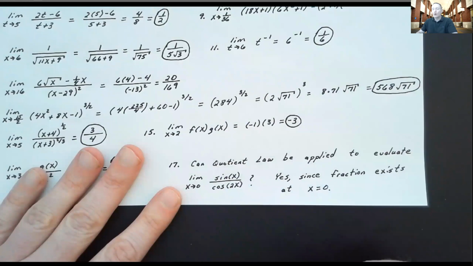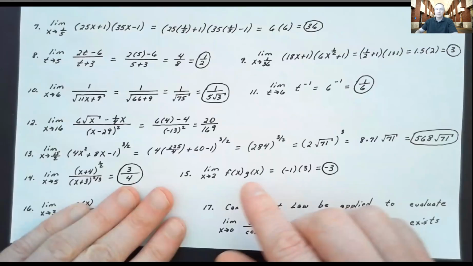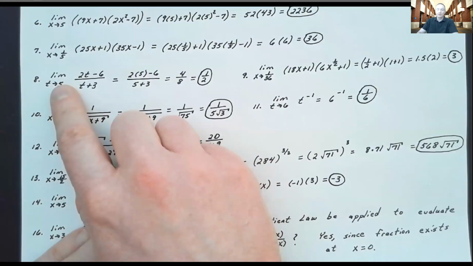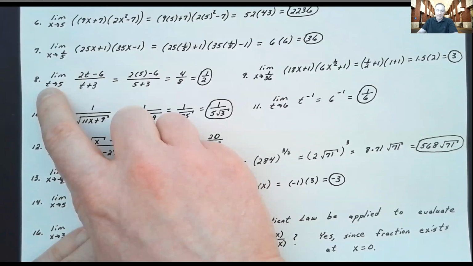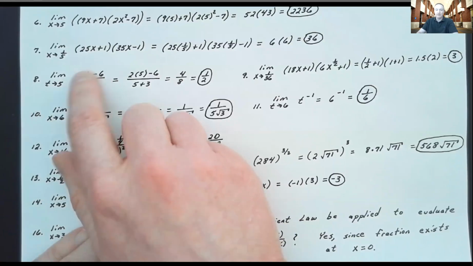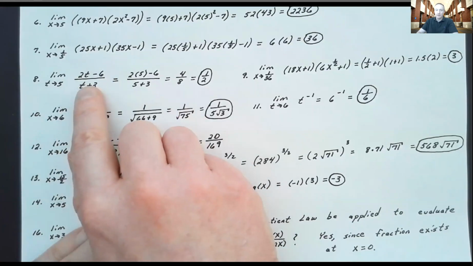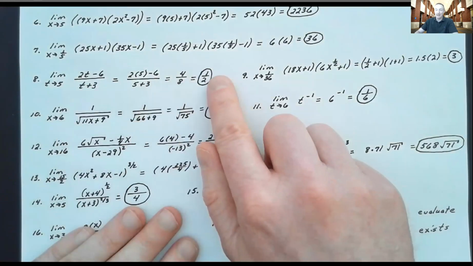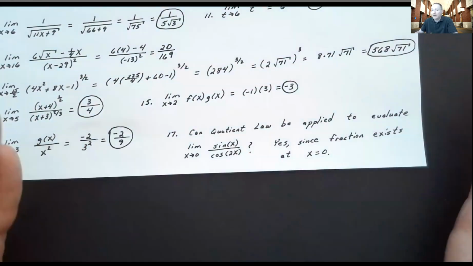Okay, so whenever you're saying the quotient law, well, what's the quotient law? The quotient law just means, just like I did here in number 8, for example, the limit as t approaches 5 of this, if I'm using the quotient law, means I can just plug the 5 into the numerator, plug the 5 into the denominator, and get my answer. Well, can I do that in this problem? And when could I not do it?